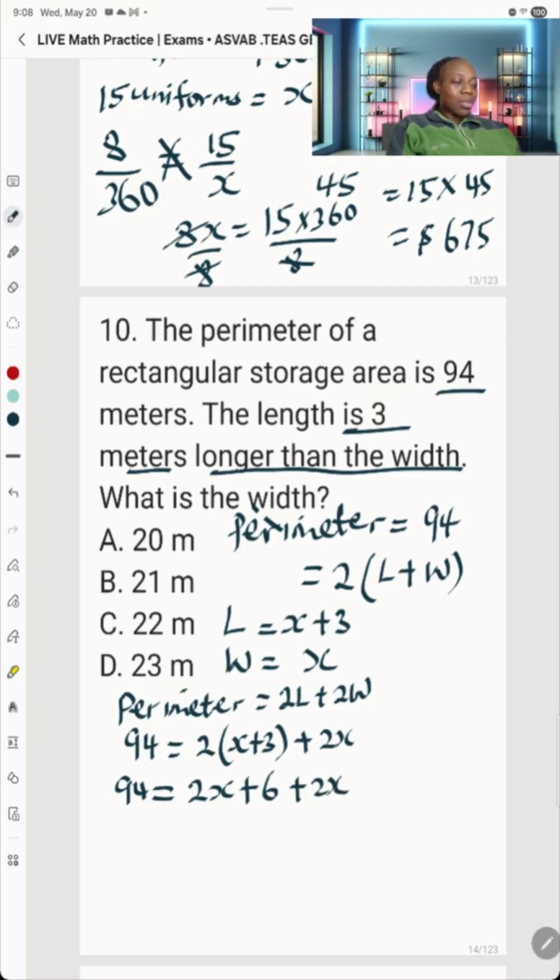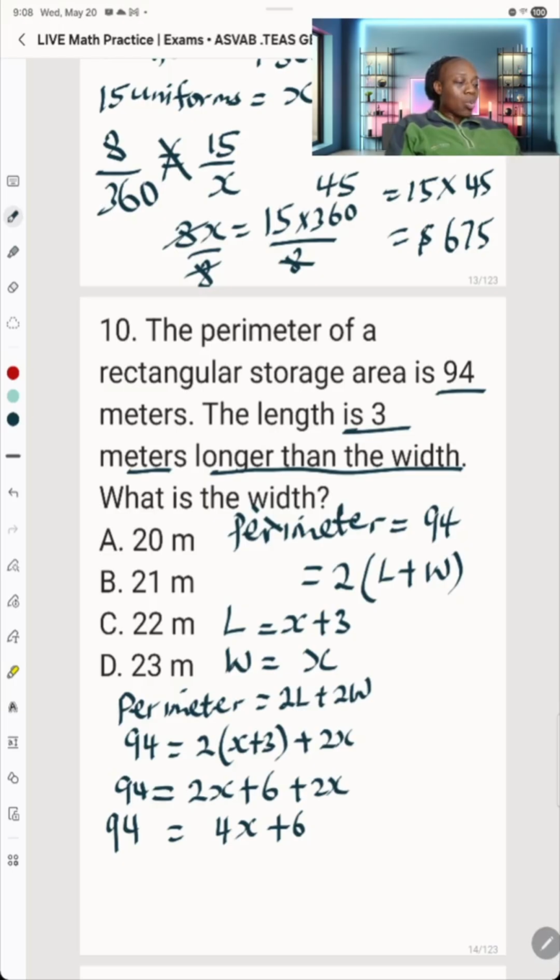Collect the like terms. Our 2x and 2x will be 4x plus 6 equal to 94. So let's take 6 to that 94. That will be negative, right? So if you like, you can rearrange them, but that will still be the same.